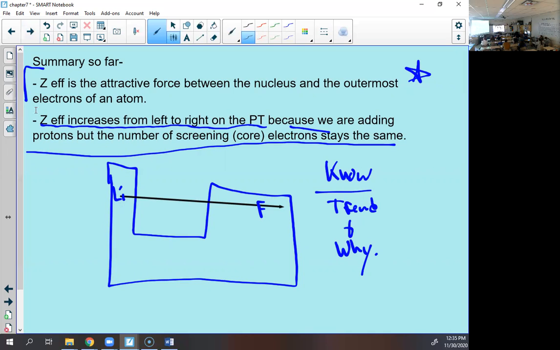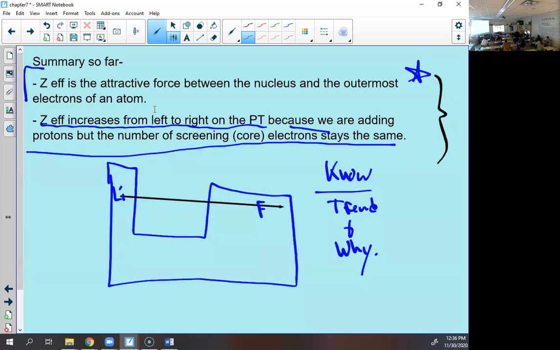So, summary so far. Any of these blue things are a summary, and they're going to build on each other. It's going to be the same thing repeating. It just gets longer and longer. Zeff is the attractive force between the nucleus and the outermost electrons in an atom. That's the definition of the effective nuclear charge, and you need to know that.